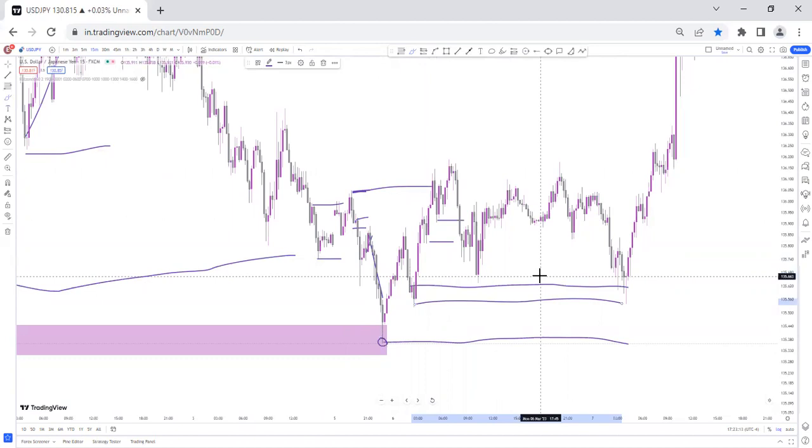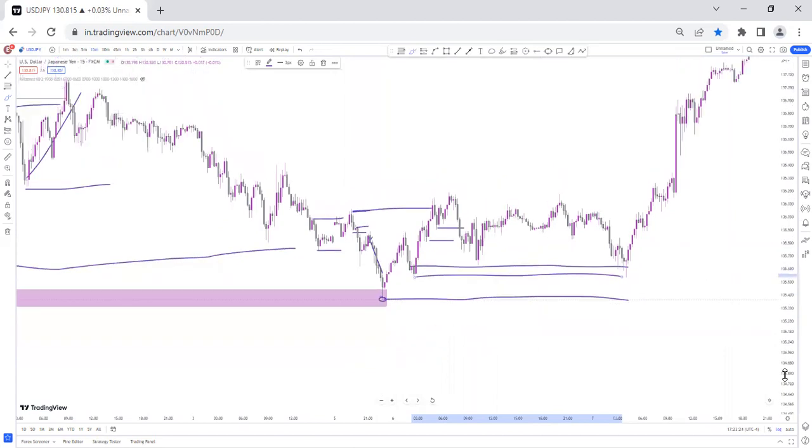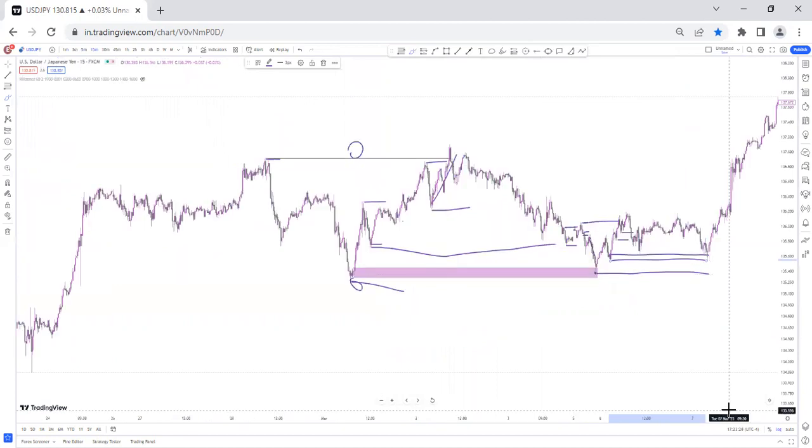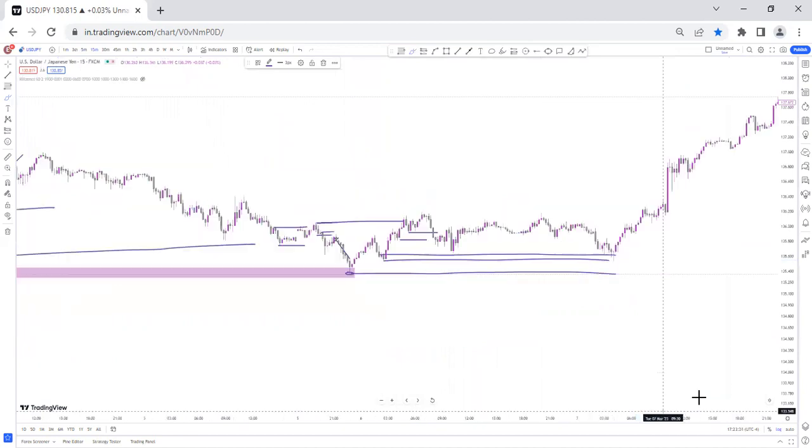Yeah, I posted something like this on my Telegram channel, and we actually made money from this particular trade. Those in my Telegram channel can relate to that.